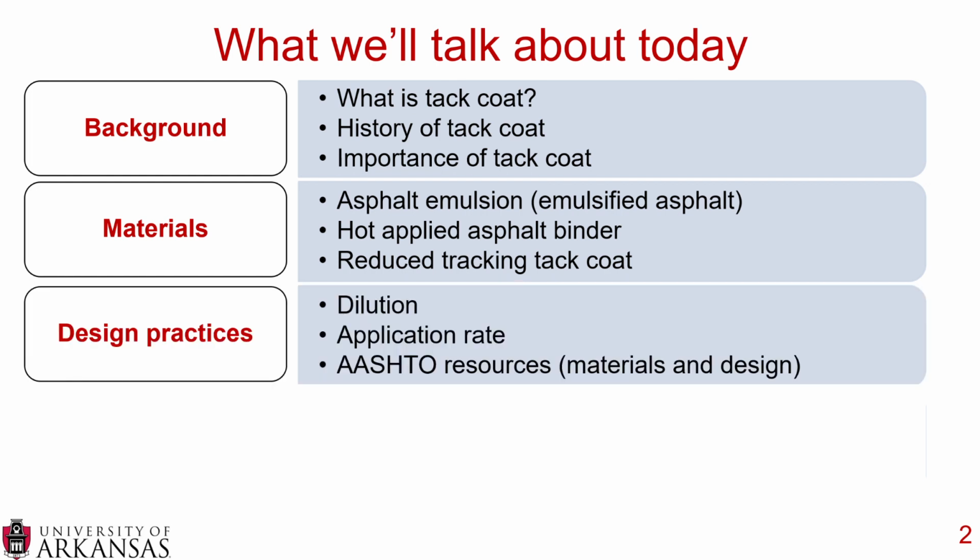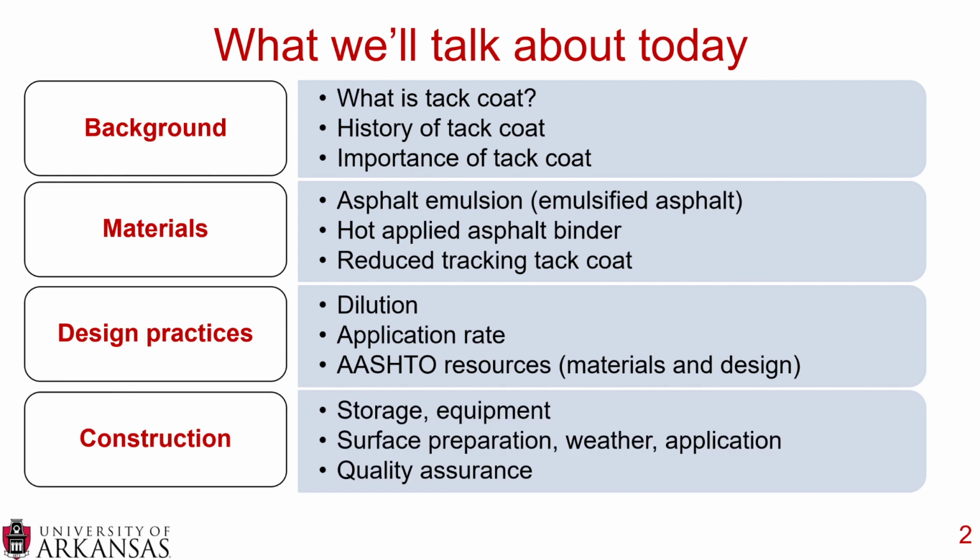For design practices, we'll focus on dilution and application rate, and then we'll go over a couple of AASHTO resources as well. Then finally, for construction, we will cover 6 specific areas, including storage, equipment, surface preparation, weather and application, and then quality assurance.